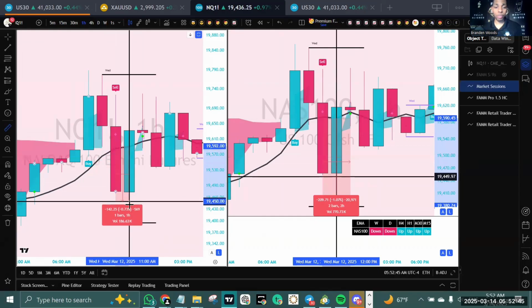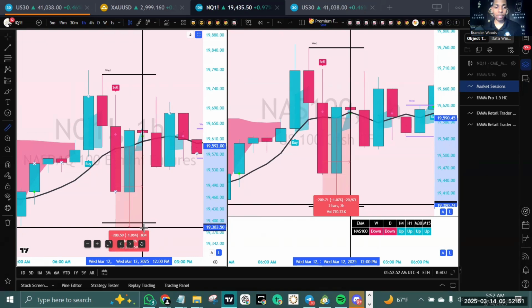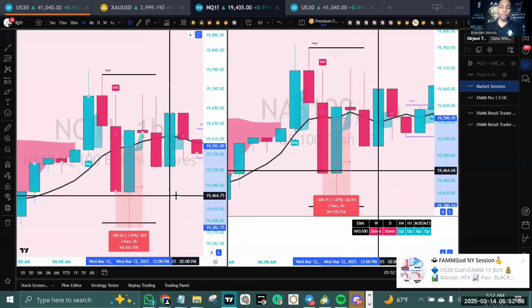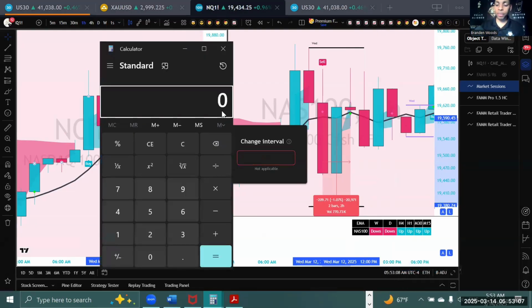Same move. So if we stretch that to 209 for math purposes, because it didn't go that far, but for math purposes, right, 209 times 4, because that's what the math is. Whatever Nas does, it's 4 times as much in futures.